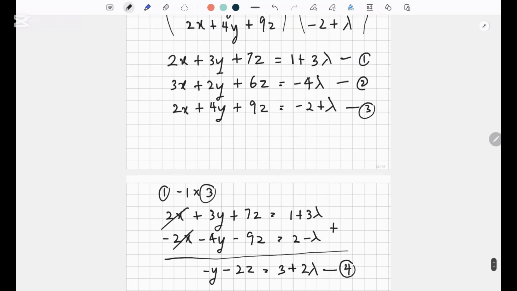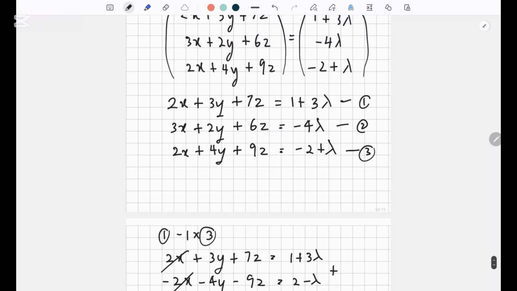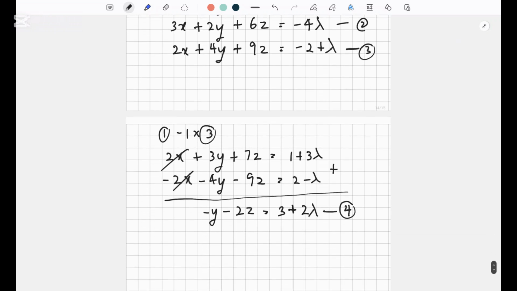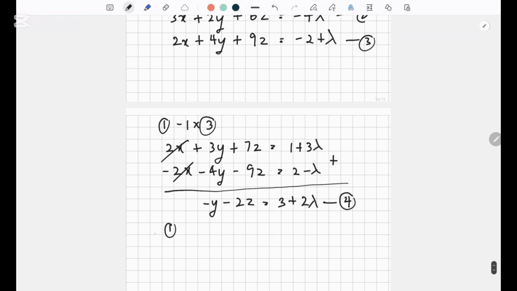You can't cancel off y. So we're doing it like this. We'll take the first and second equation. So you have to multiply the first equation by minus 3 plus 2 into the second equation.